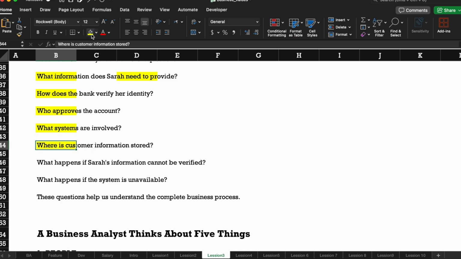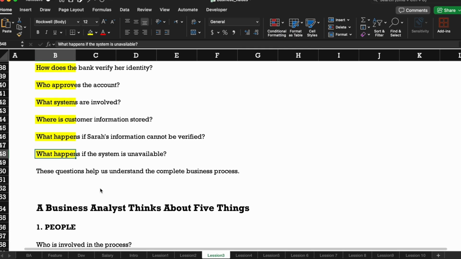This is your checklist every time you get a requirement. What happens if Sarah's information cannot be verified? What happens if the system is unavailable? These questions help us understand the complete business process.